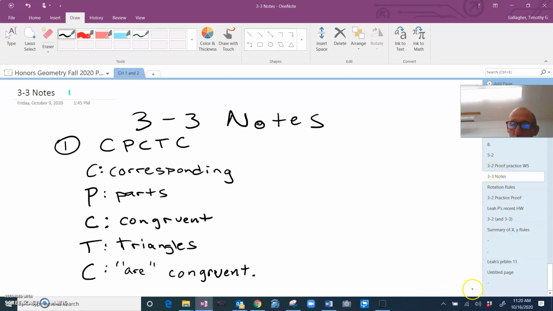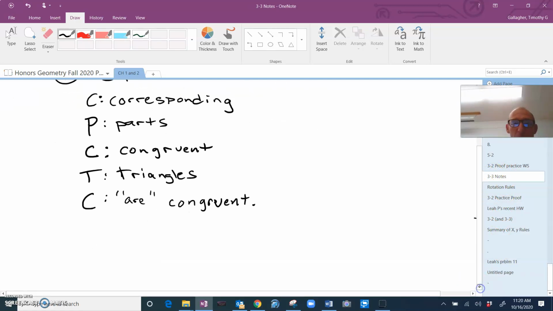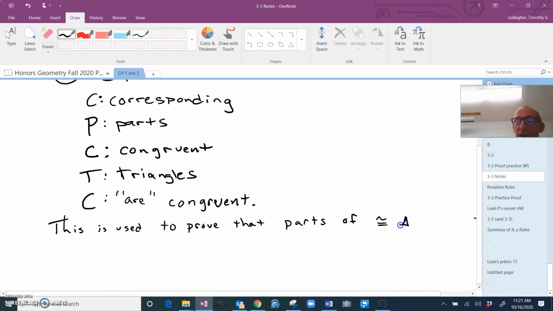So what CPCTC does is this: it is used to prove that parts of congruent triangles are congruent.